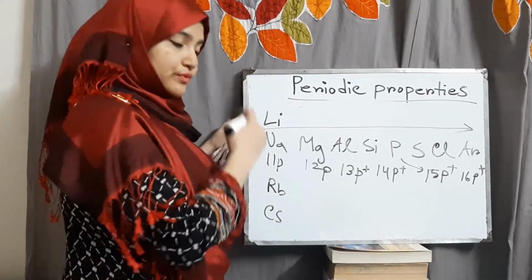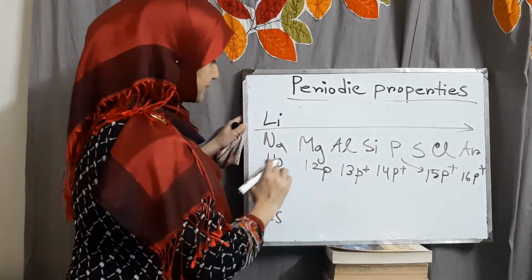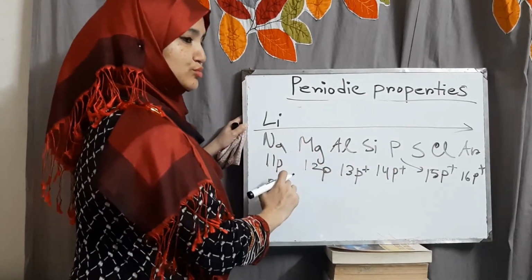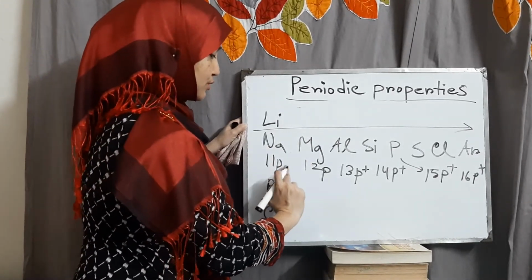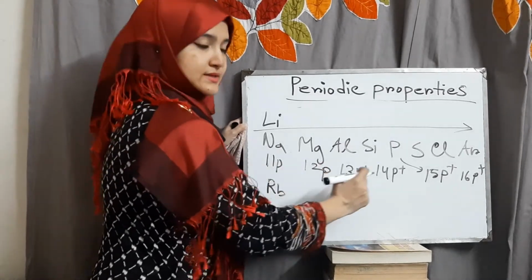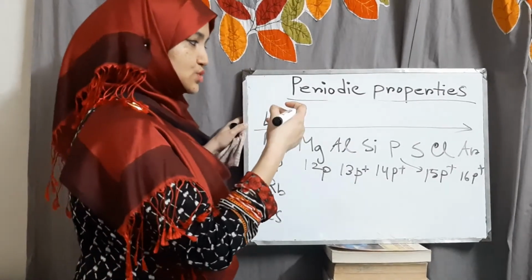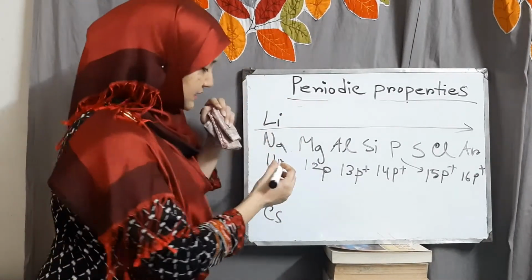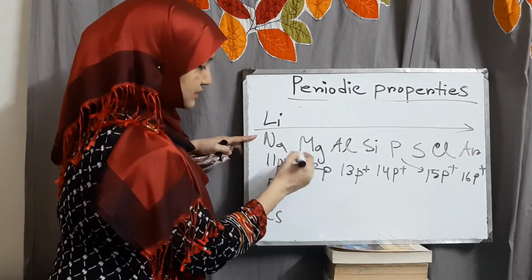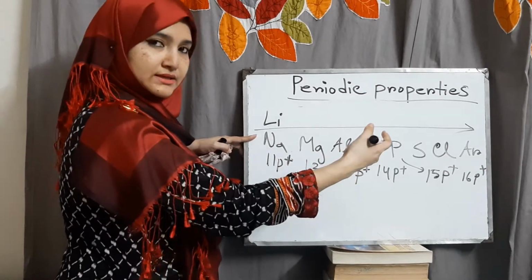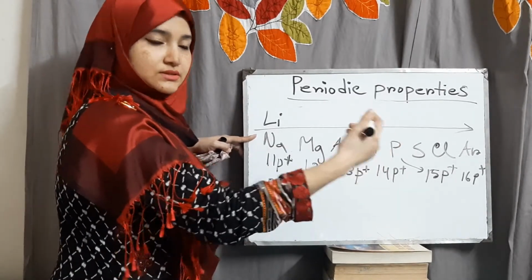That means when we go from left to right in the same period, in the same outermost orbit, one more electron is added. And that's why the charge in the nucleus and, as the proton number increases, the electron number also increases.